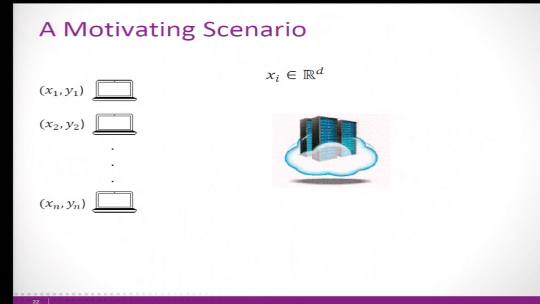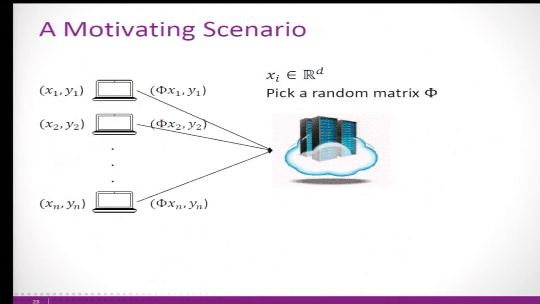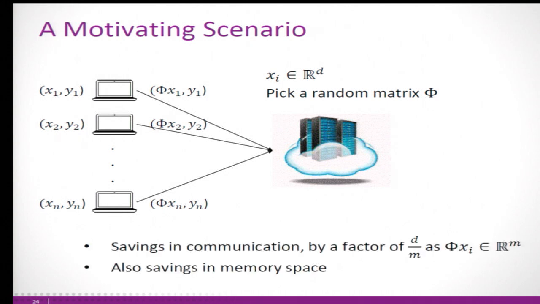Since xi is high dimensional, a nice way to go about this is to take random projections of these xi's. Pick a random matrix phi, take phi xi, and send phi xi, yi to the cloud. With this, you reduce the communication because now phi xi is an m-dimensional vector rather than a d-dimensional vector, and m could be much smaller than d.